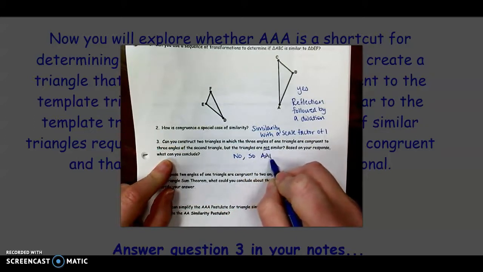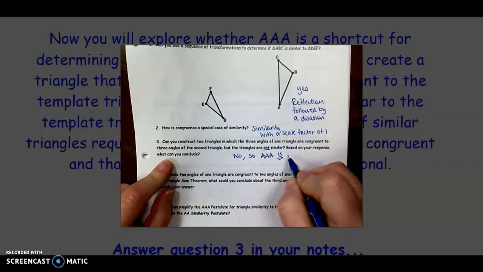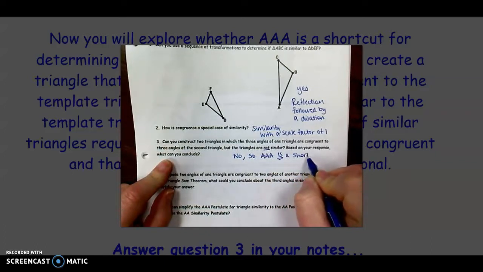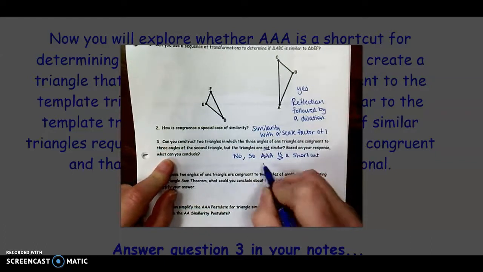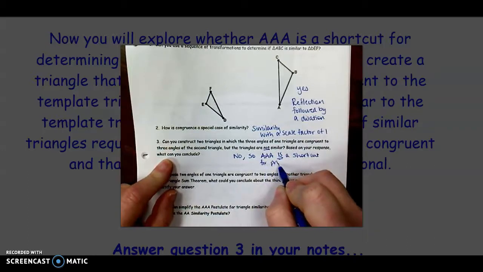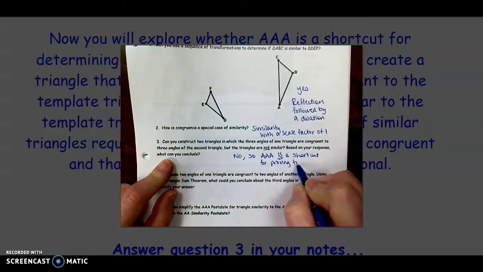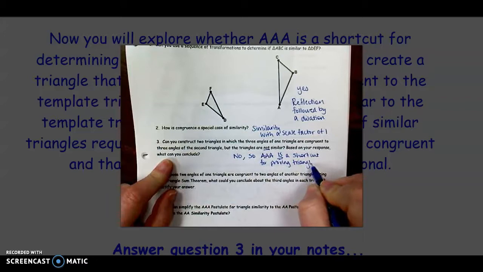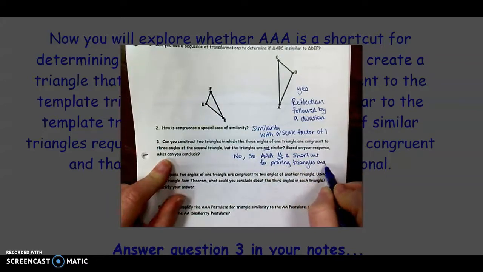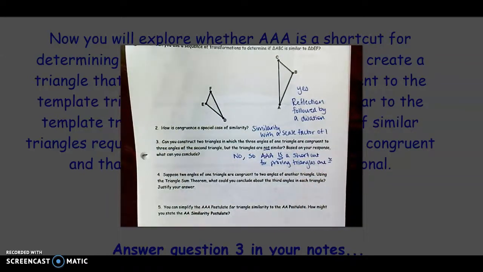AAA is a shortcut for proving that triangles are similar. So we don't have to prove all 6 parts again. We don't have to prove all 3 angles are congruent and all 3 sides are proportional.